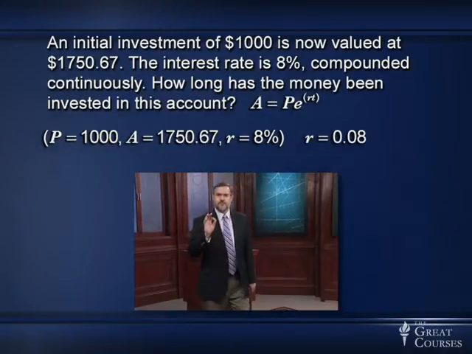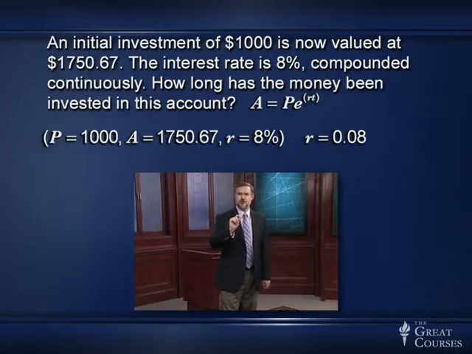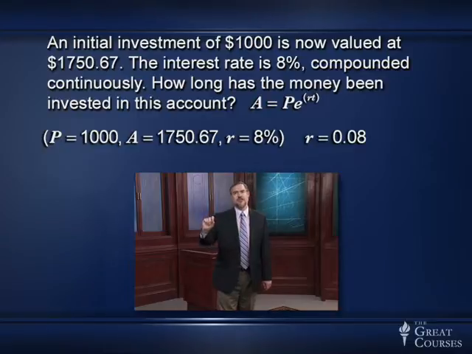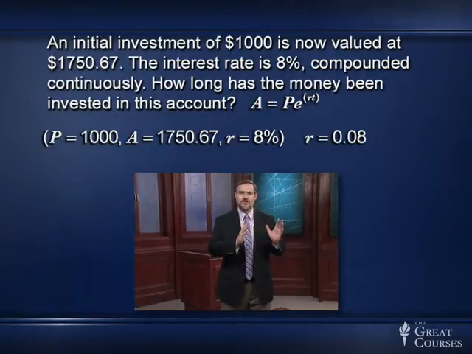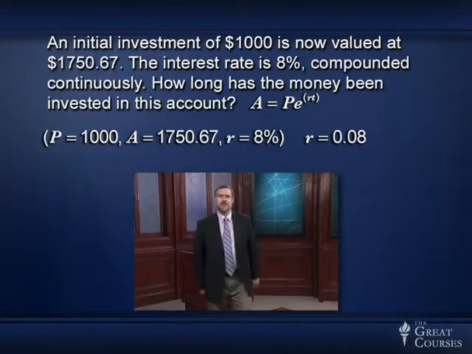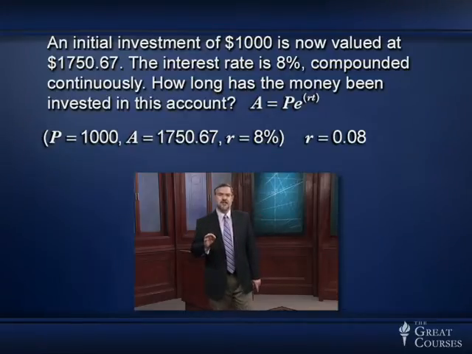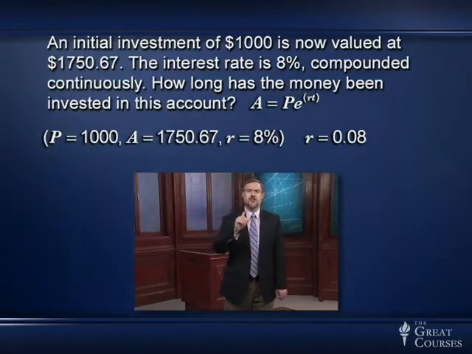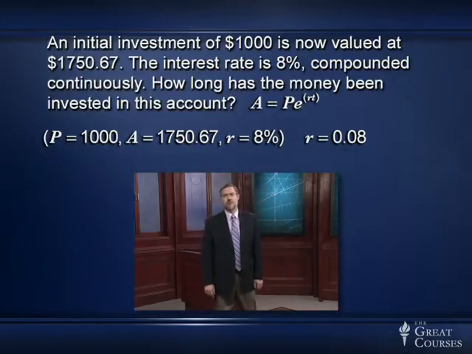Remember, to convert from a percent to a decimal, you shift the decimal point by 2 units in the left direction, if you will. So you go from 8 to 0.8 to 0.08. So an R value or a rate of 8% is the same as 0.08. And that's very, very important.